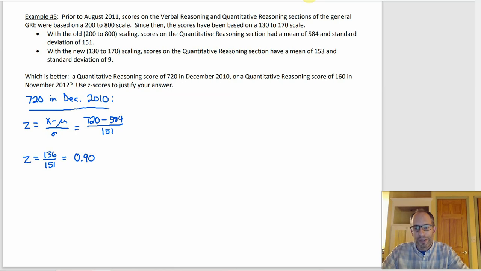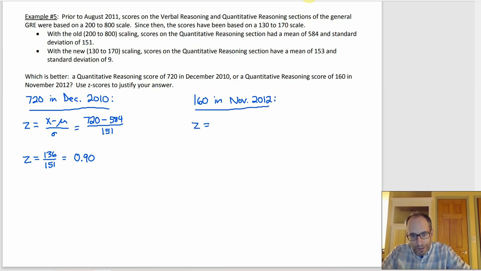All right, then we just have to get the z-score for the other one. So a 160 in November 2012. All right, so same idea. So z will be x minus mu over sigma. And so our observation here, the x, is the 160, right?